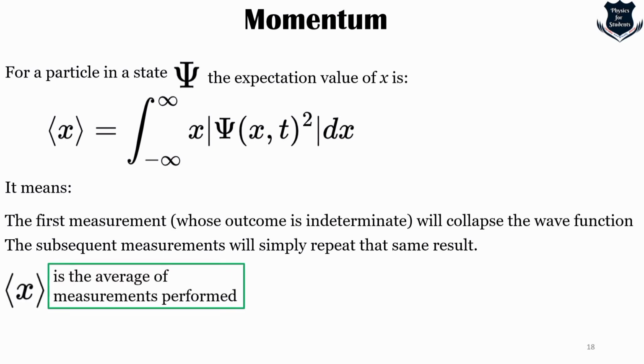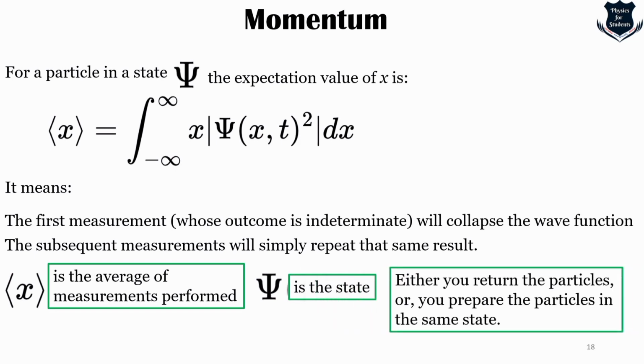Rather, we would say that <x> is the average of measurements performed on particles all in the state psi. This means either you must find some way of returning the particle to its original state after each measurement, or else you prepare a whole collection of particles, each in the same state psi, and measure the position of all of them, where <x> is the average of all the results.